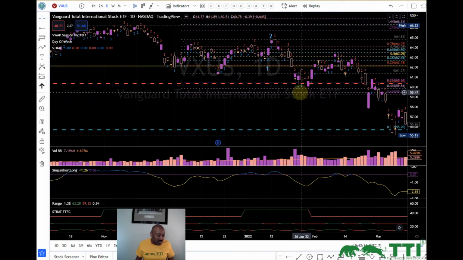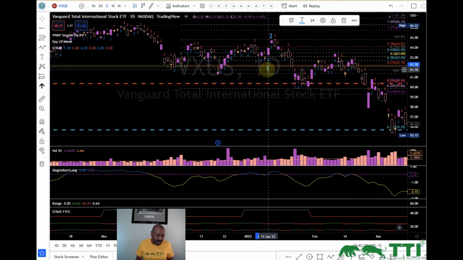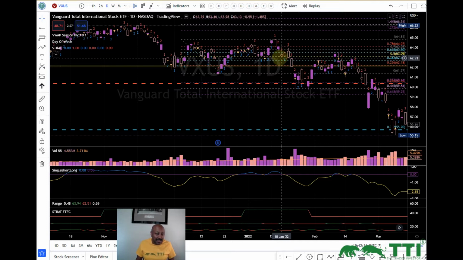Three is way down here, so it's no longer 1, 2, 3. I needed to see another higher low so I can break the 2 to go up. That never happened. So you can still keep those 1, 2, 3s in mind, right?